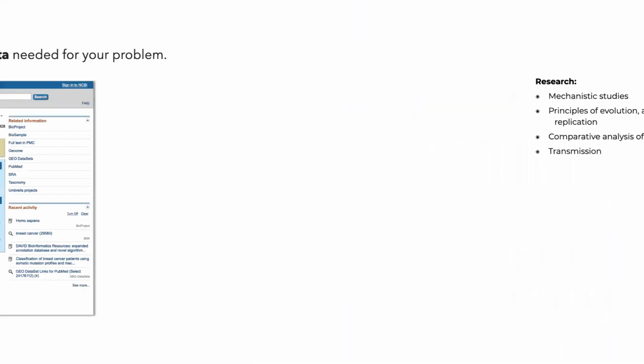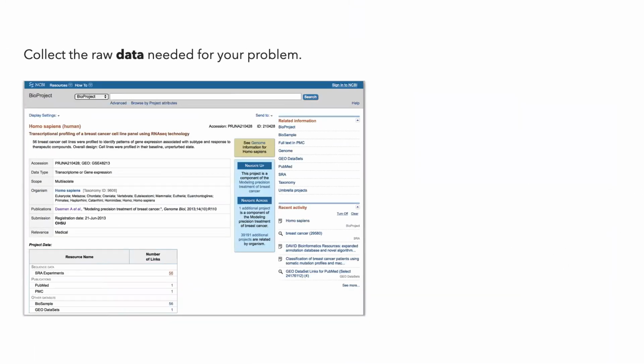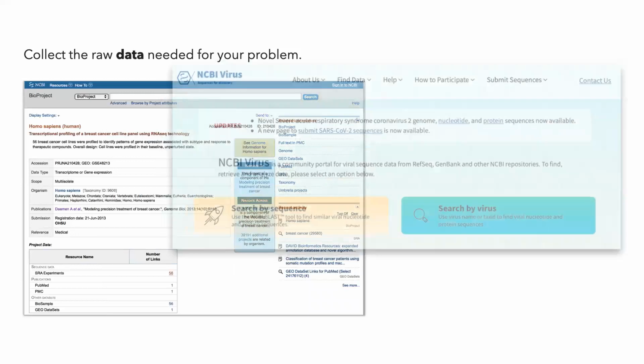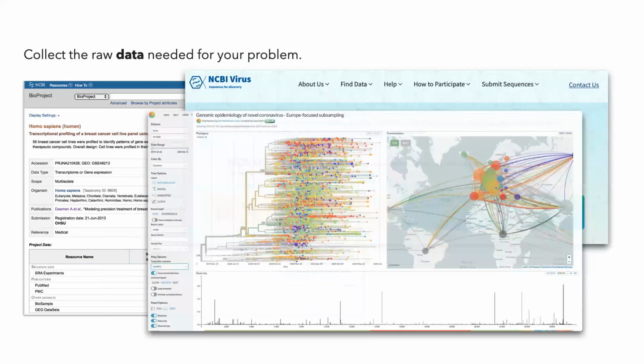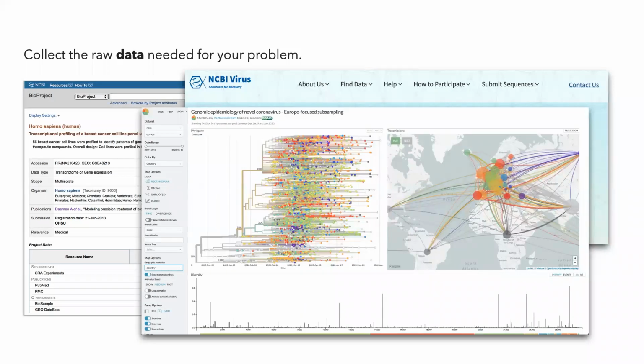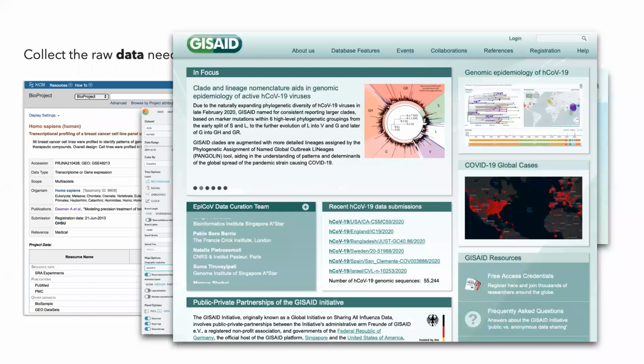Collecting the data, we talked about at least a few different resources, including the NCBI SRA, NCBI virus, even sets like those included in visualization tools like you see here, and also GISAID, which is a portal that I know last time we discussed, and many of you maybe have tried logging in and registering.